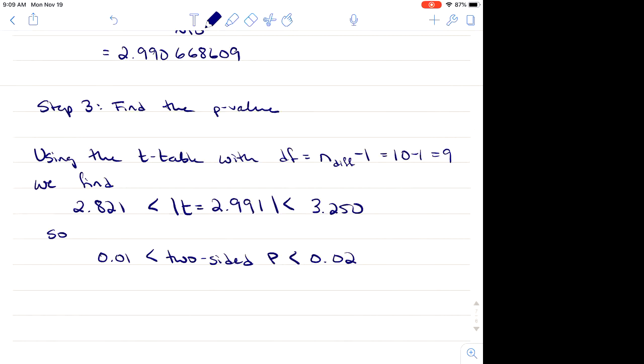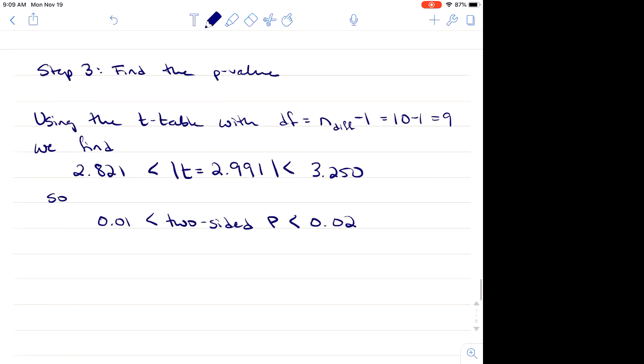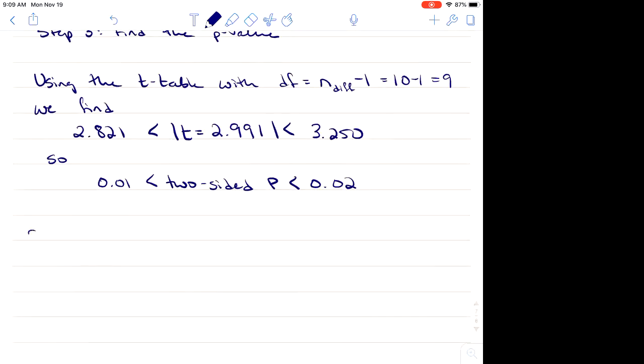Okay. For us, I don't think we were given an alpha level, so we use the default alpha level of 0.05. Okay. So our step 4 is our conclusion.